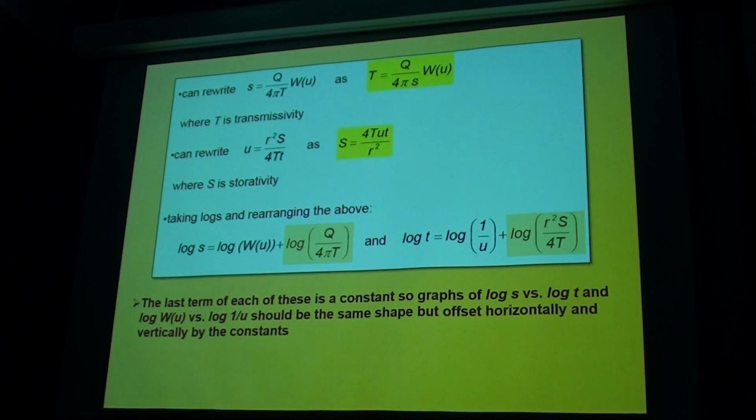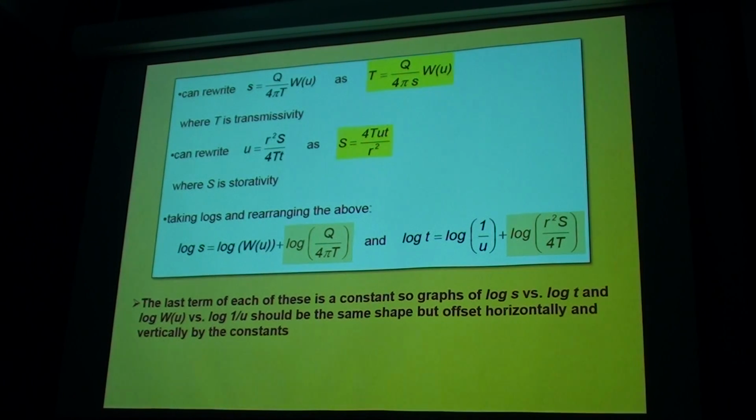It's very easy to set up the axes, and Excel will do it in about a second. And then you can make a graph of log W(u), the well function, against log 1 over u, which Theis already did for us; he's already given us those numbers. You should get two graphs that are very similar or the same, but they'll be offset horizontally and vertically by these constants.